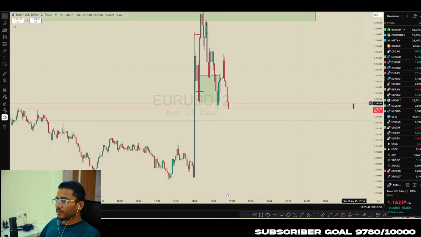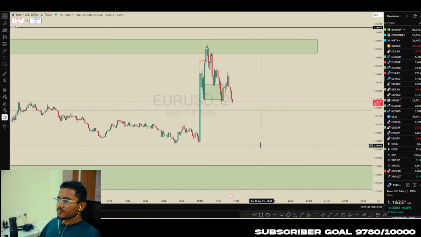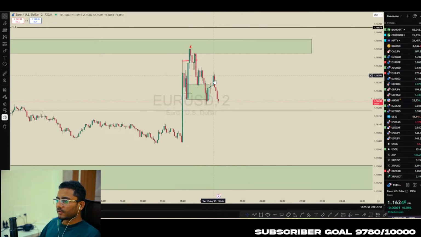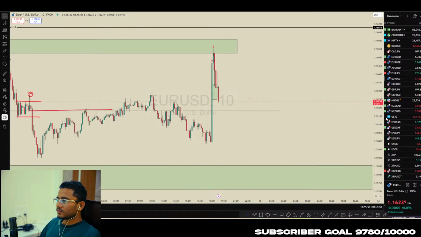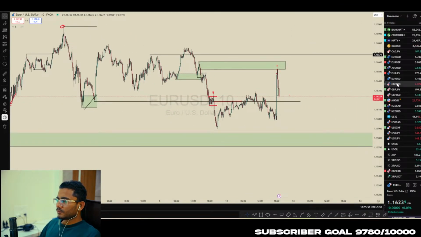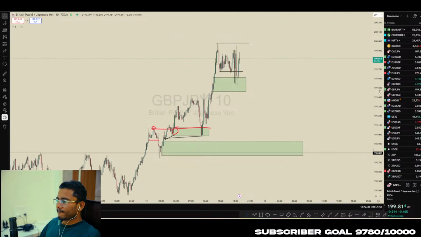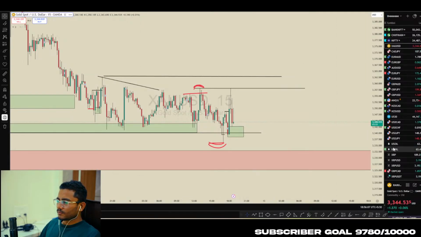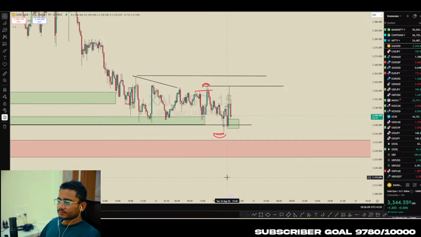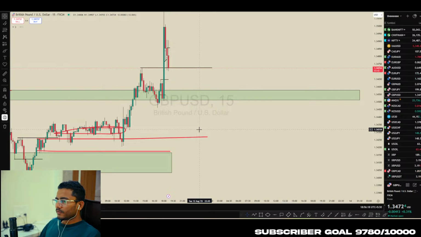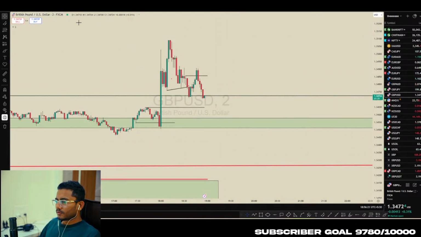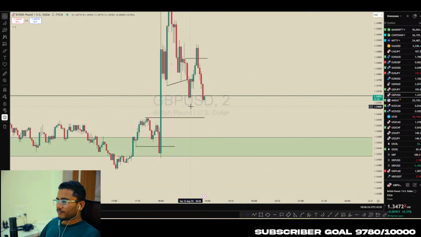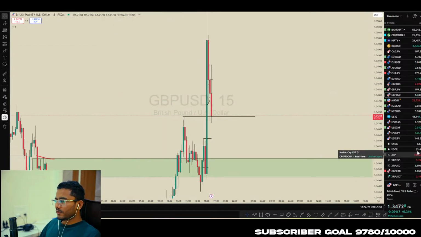On AU, the same thing has happened. Price broke the previous structure and retested this area. Yeah, it can continue, because if you look at 15 minutes, it looks good.